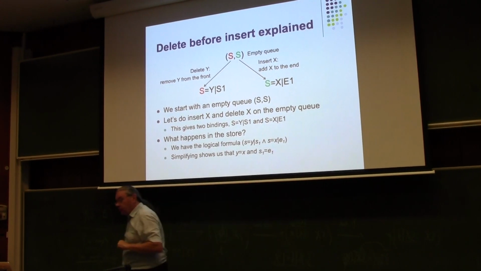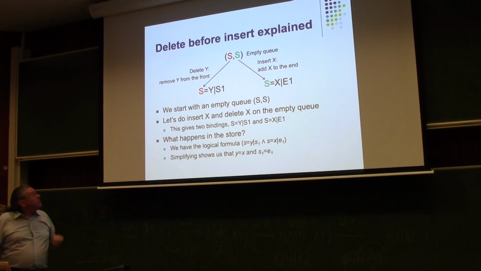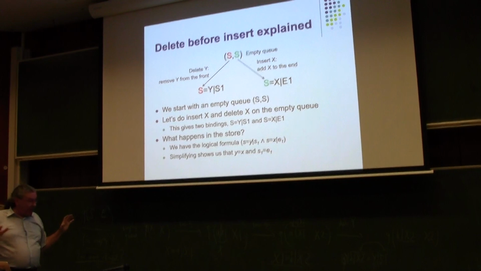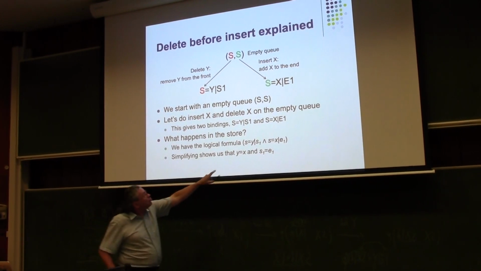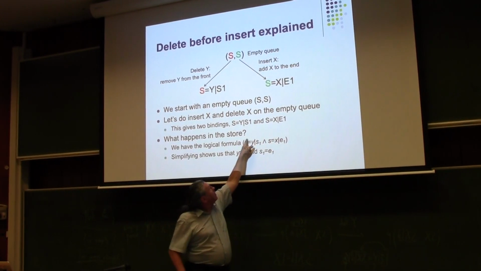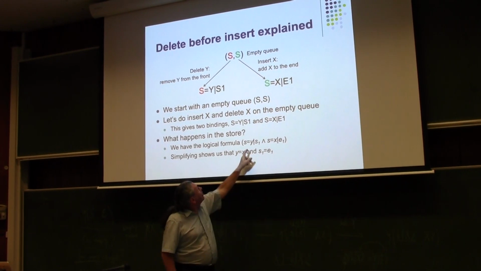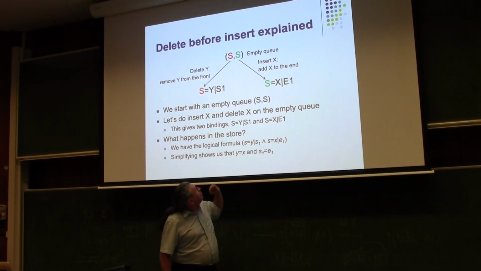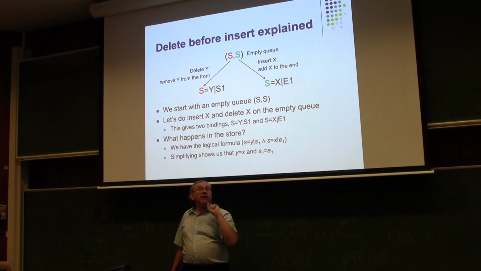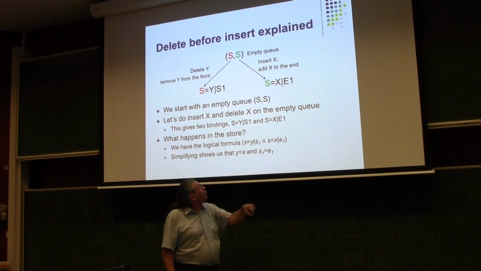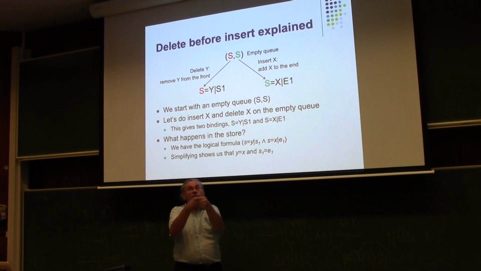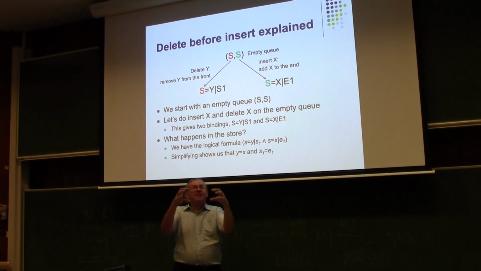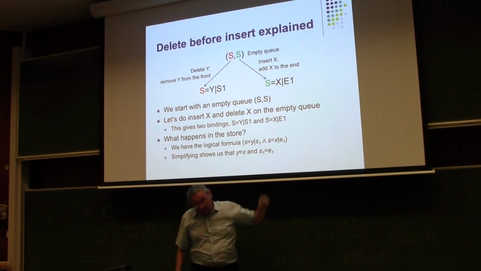It can be done in both directions. This is actually logic programming. It works because the store is actually representing a formula in logic, and whenever I do a binding, I'm adding information into the store, logic information, and the store is actually representing that information logically.